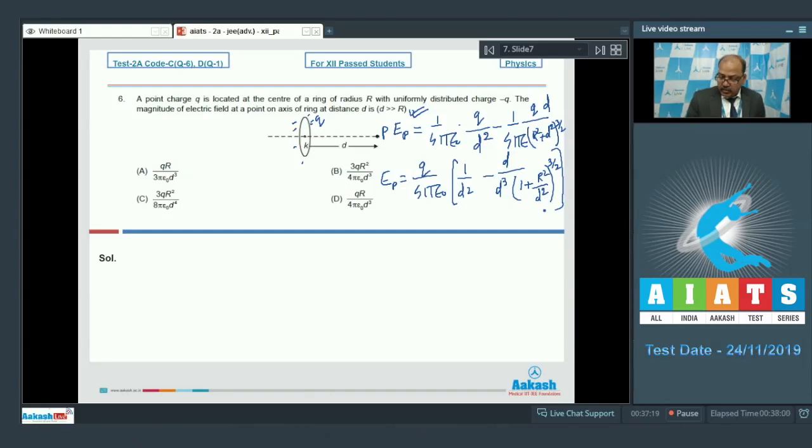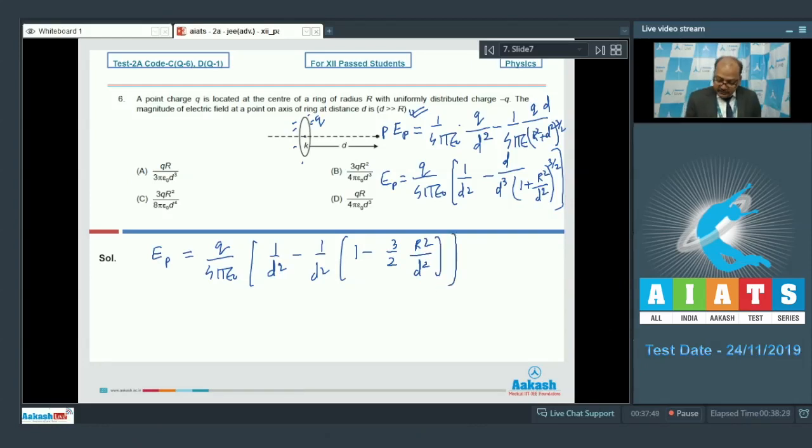And now we can use the binomial approximation here. So we get electric field at point P is equal to Q by 4 pi epsilon naught, 1 by D square minus again 1 by D square, and this is 1 plus R square by D square to the power minus 3 by 2, and that means it's equal to 1 minus 3 by 2 R square by D square.